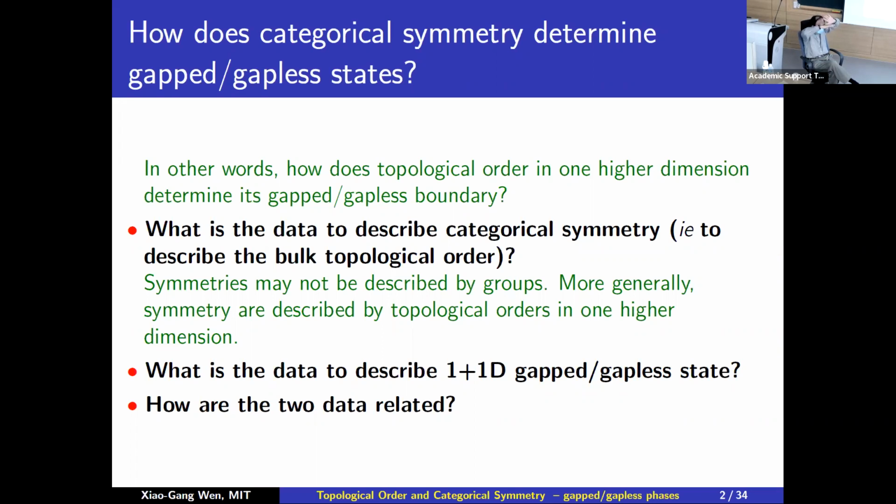It's the same, the same group. Then you gauge the bulk theory and the boundary together. After gauging, there's no symmetry anymore. Then you have topological order, and the topological order describes the boundary. Actually, you gauge the bulk, and when you gauge the bulk, there's no way to not gauge the boundary. They are connected.